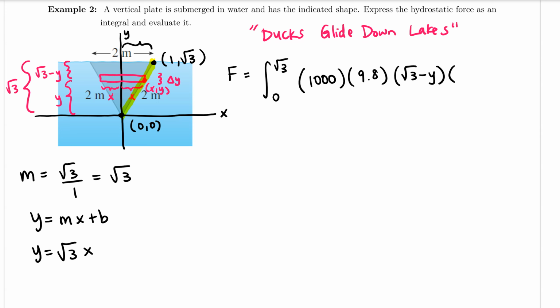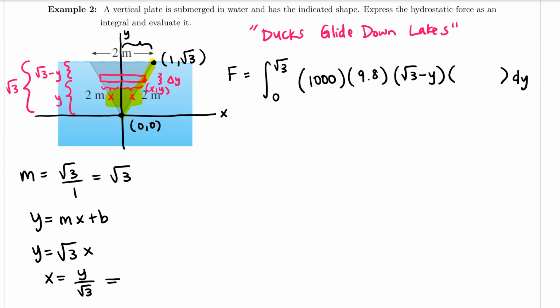Now, we're going to be integrating with respect to y, so I need to solve this equation for x, and I'm going to do that by dividing both sides by the square root of 3. And remember, we said earlier that not only do we need to solve for x, but we need to solve for 2 times x, or x plus x.